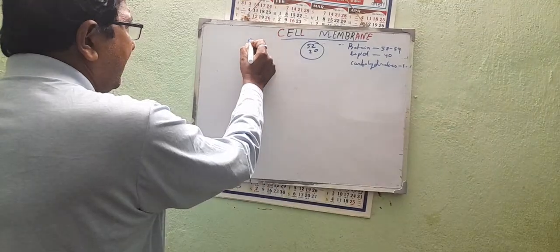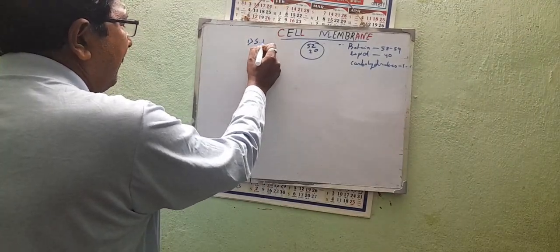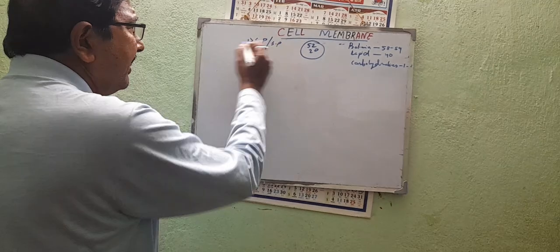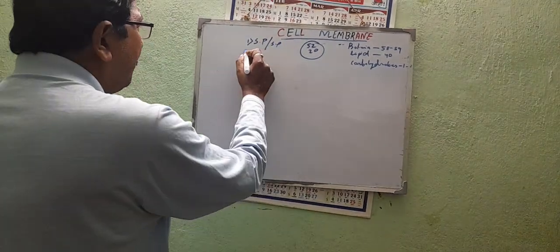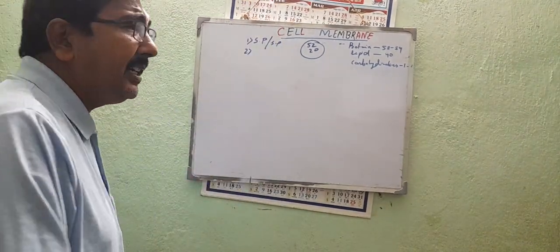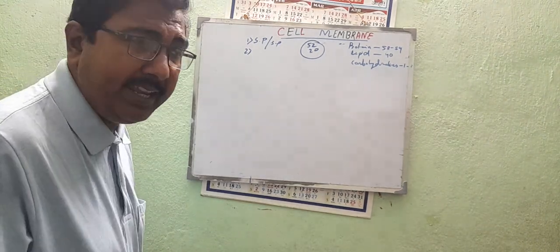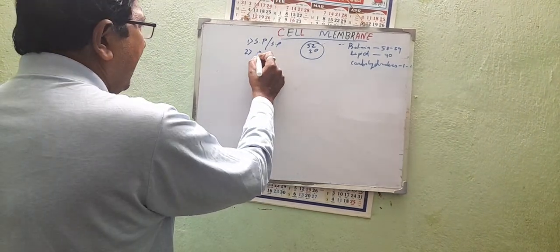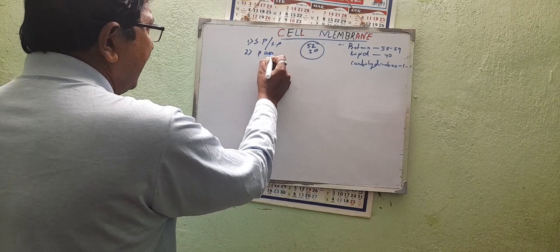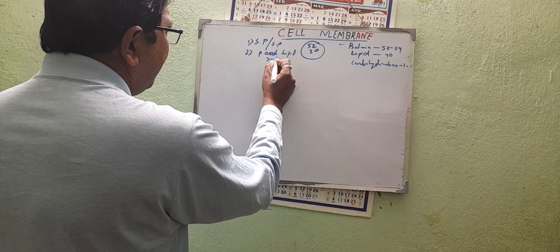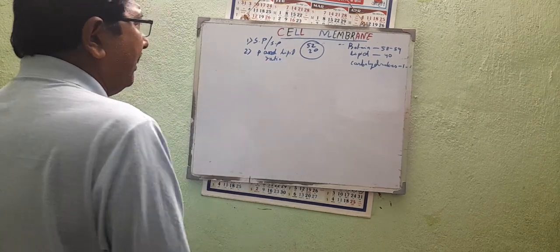Number one, selective permeability is there, or semi-permeability is there. Number two, the protein and lipid ratio is variable.